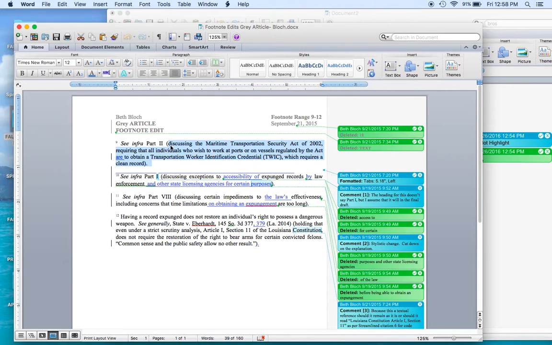It explains and gives you some examples in the Blue Book about if it's discussing, if it's explaining, if it's quoting. A lot of times authors use these for cases too, in other words, to say that Sotomayor discussing blah, blah, blah, or Justice Kennedy explaining what it means to be, you know, a but-for test or something like that. So that's what's going on there.